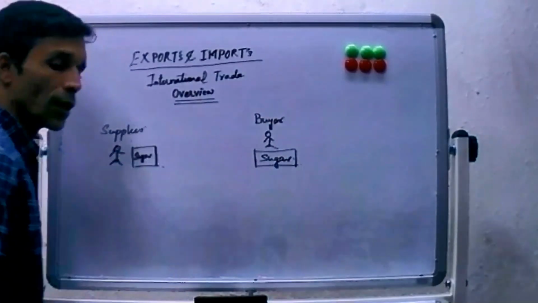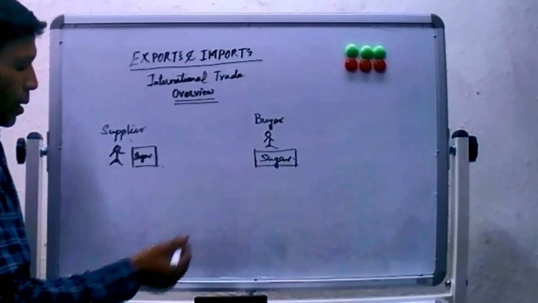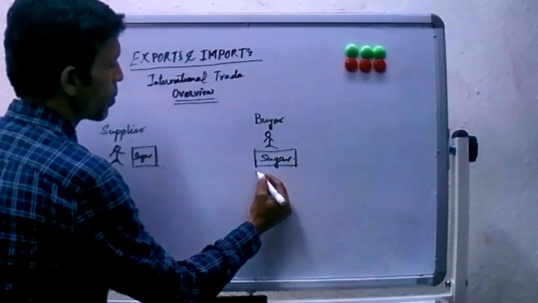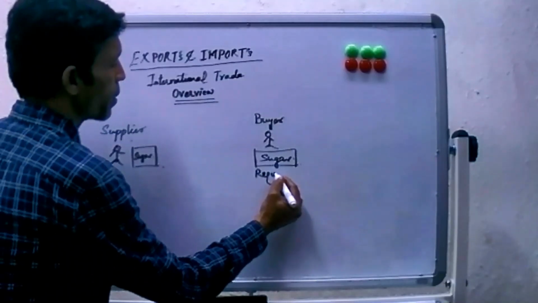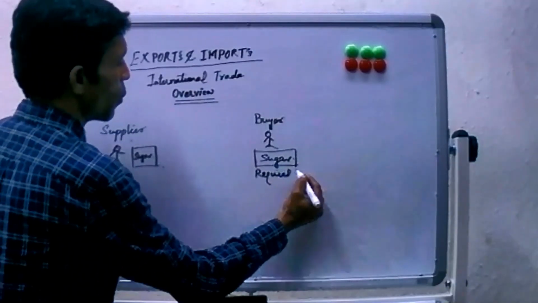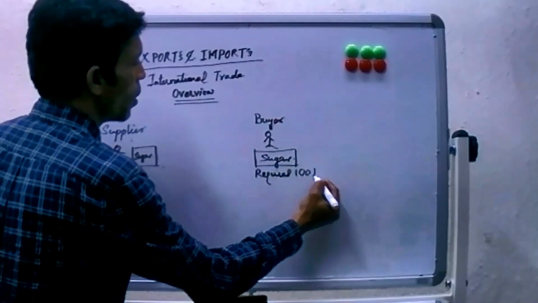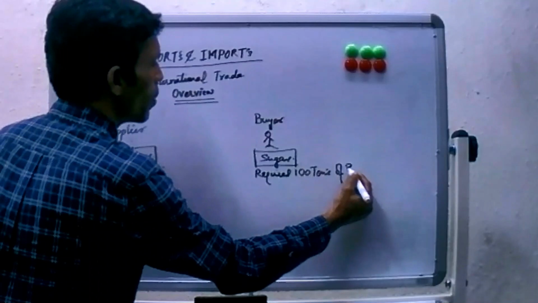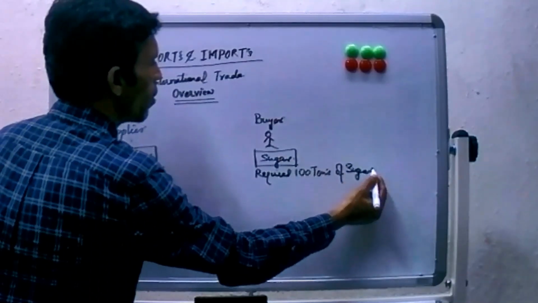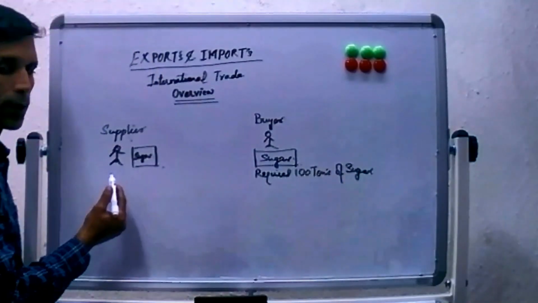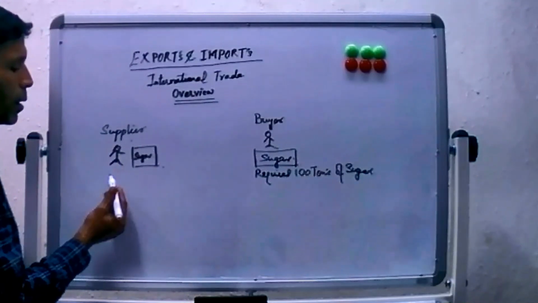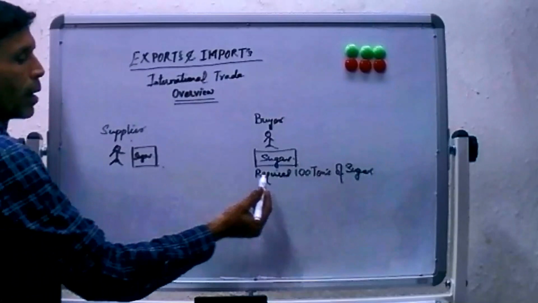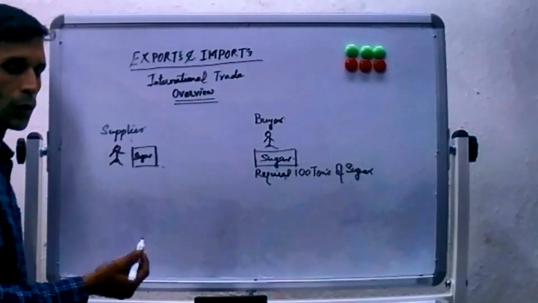Let us say the requirement is for 100 tons of sugar, and this supplier is able to produce and supply this quantity.